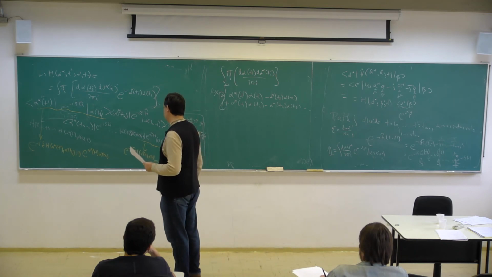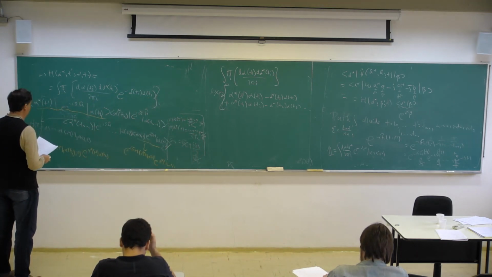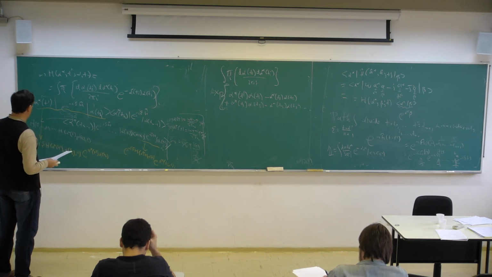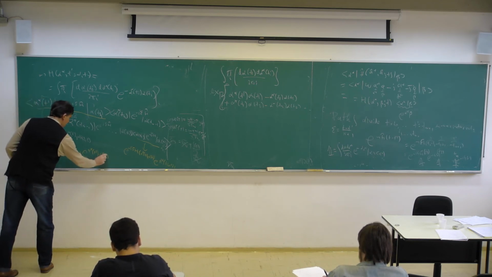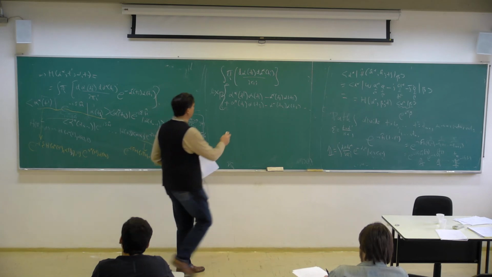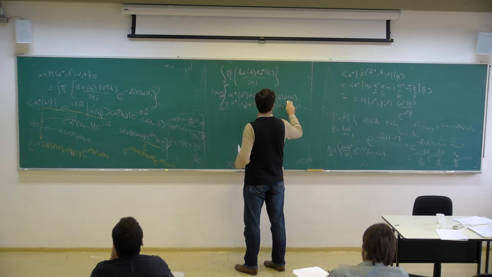sorry, I got confused in my own notation. There was n, right? Here to the left was n. This is n. Sorry. N. N minus 1.